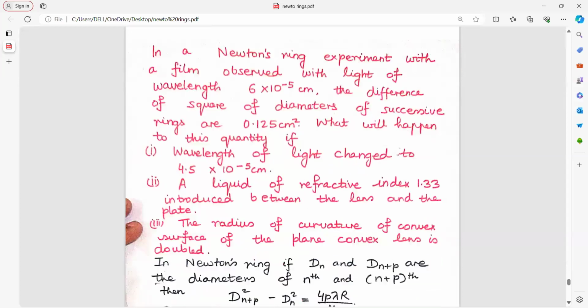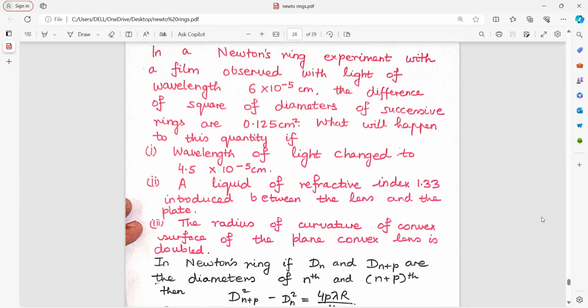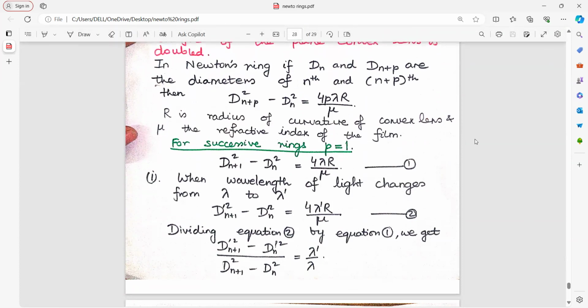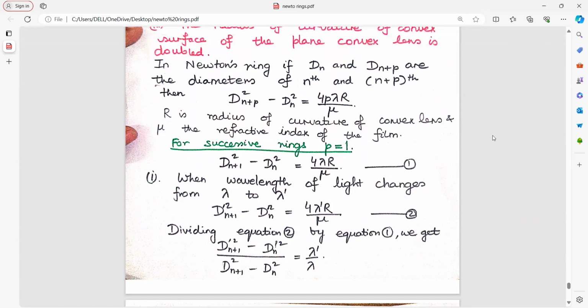In a Newton ring experiment with the film observed with light of this much, the difference of squares of diameters has been given to you. Wavelength of light changes to this, a liquid of refractive index is introduced, and the radius of curvature of the convex surface of the plano-convex lens is doubled. Now in Newton ring experiment, the formula is D(n plus p) square minus Dn square equals 4p lambda R upon mu, where R is radius of curvature and mu is refractive index.